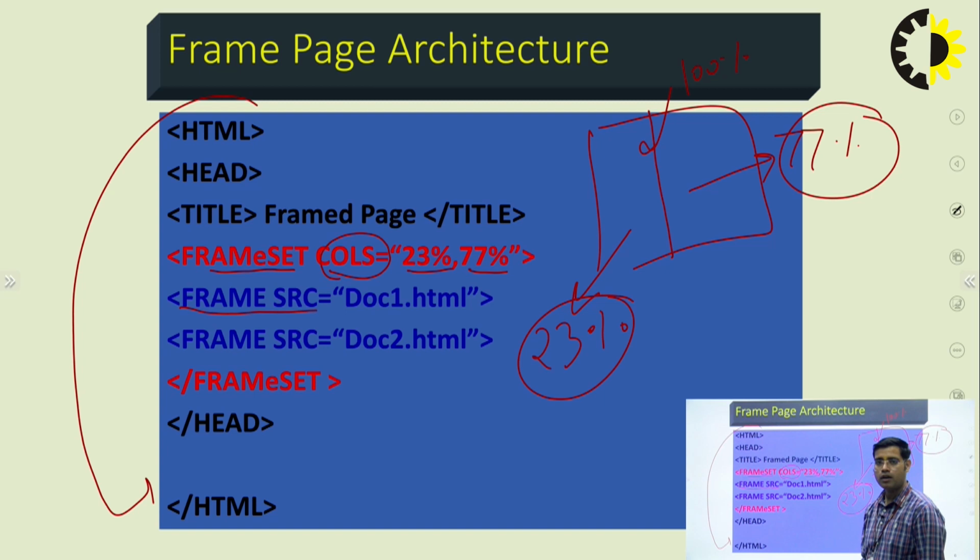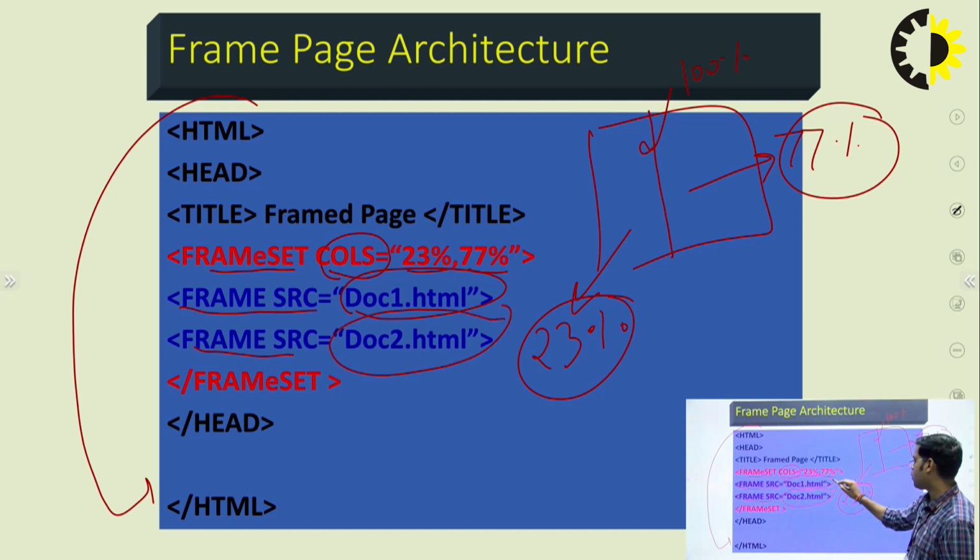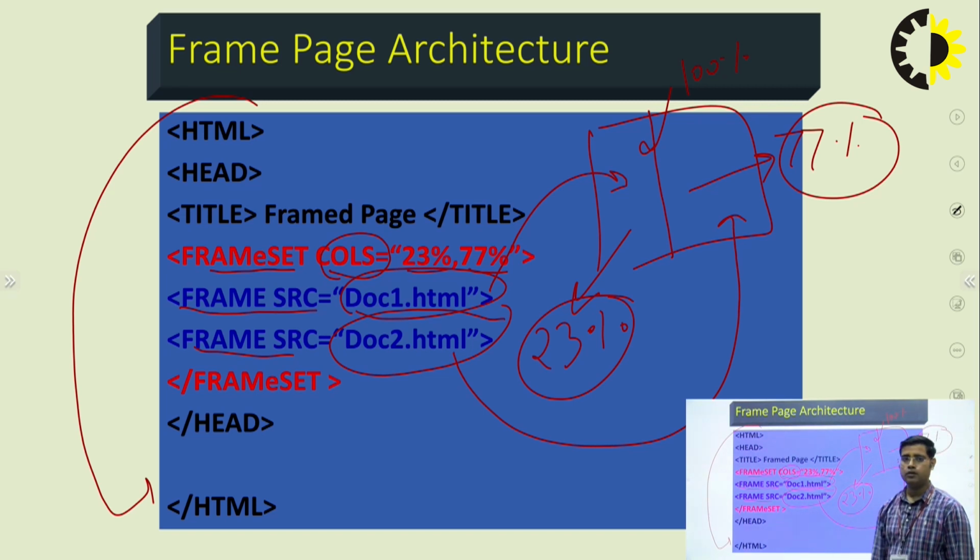Src stands for what? Source. So frame src doc1.html, similarly frame src doc2.html. Doc1.html is inserted into this particular left pane and doc2.html is inserted into this particular right pane. So this is the basic frame page architecture.